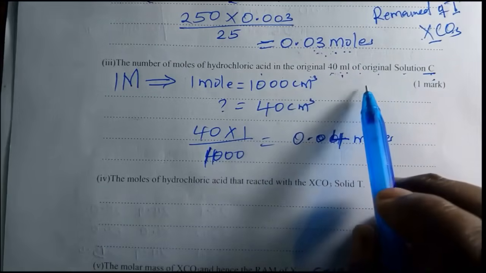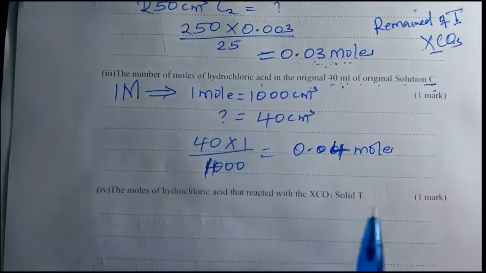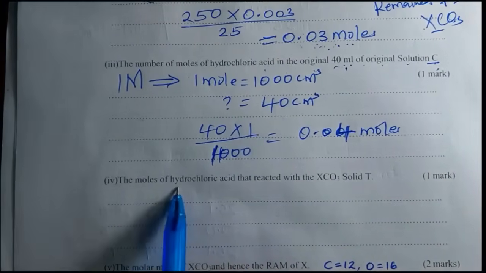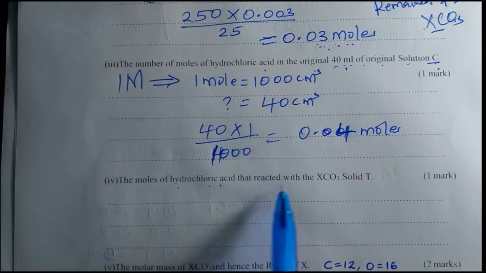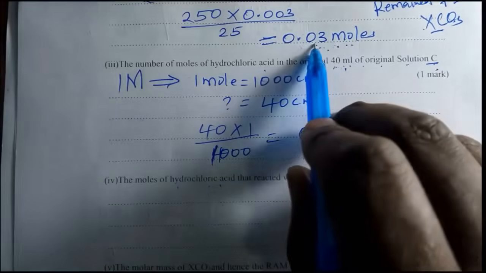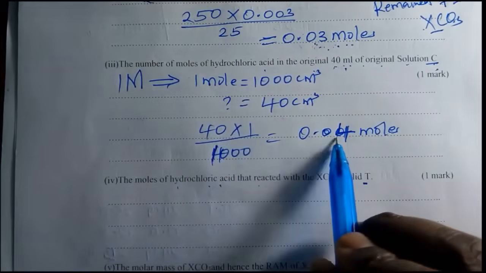So you will be asked, calculate the number of moles of hydrochloric acid that reacted with T. If this was the original and this remained, how will you get the number of moles that reacted? It is the original minus the one that remained.